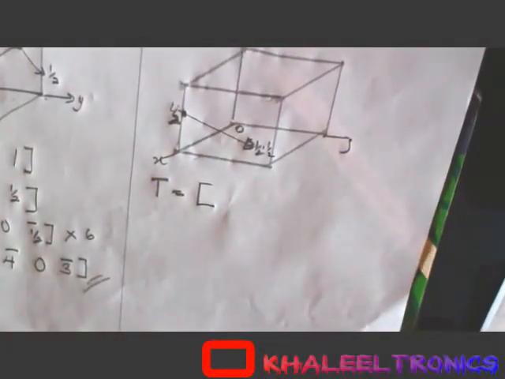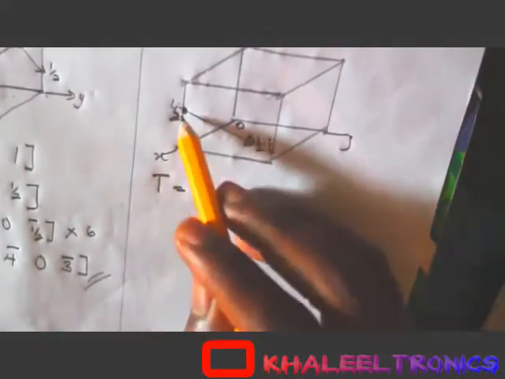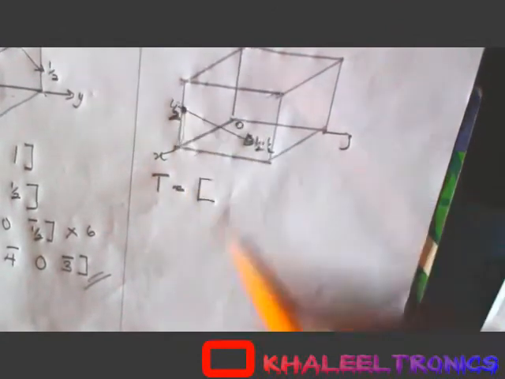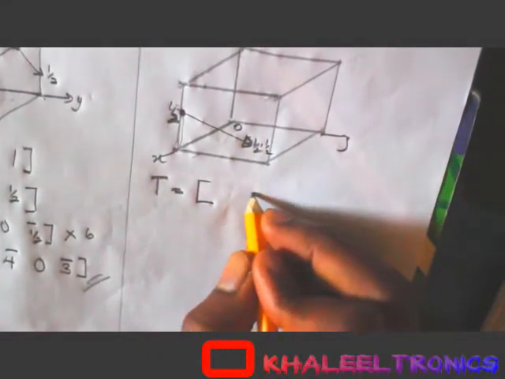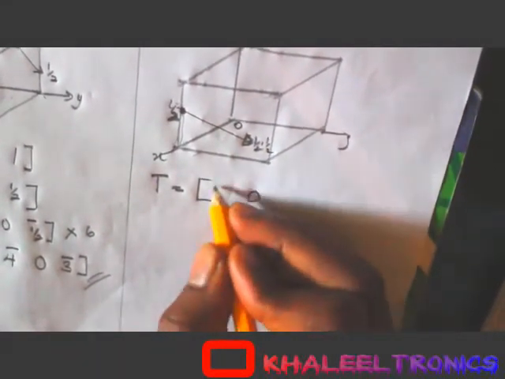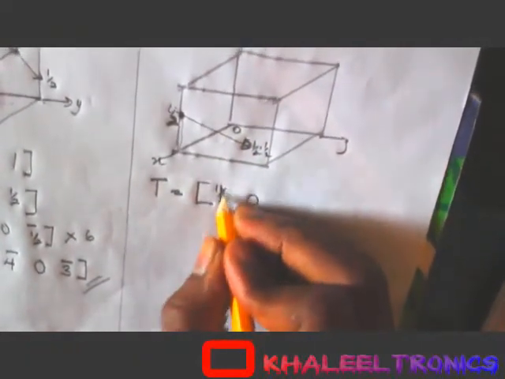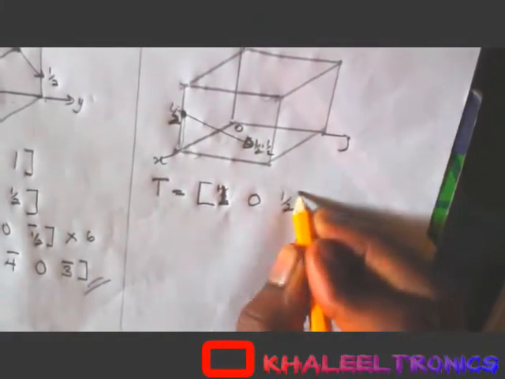Just be careful. You need to go for the direction of tail. So here is 1.5. So no X, so X is 0. Y is 0. X is 1 over 2 and Z is 1 over 2.